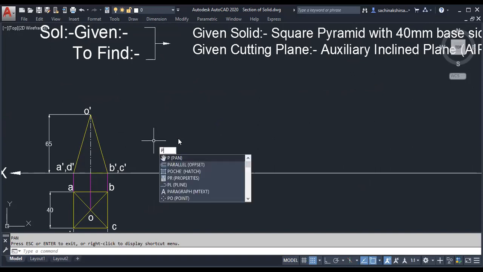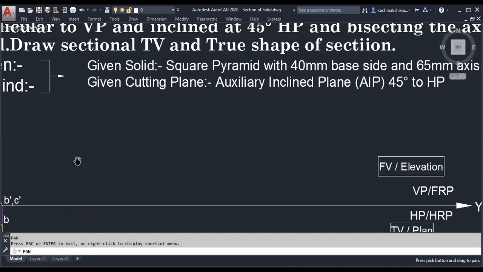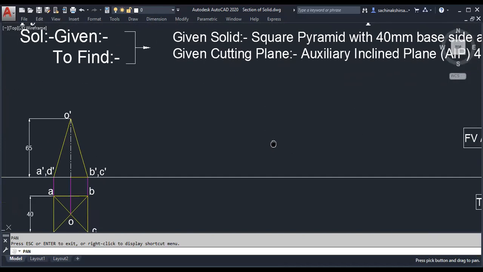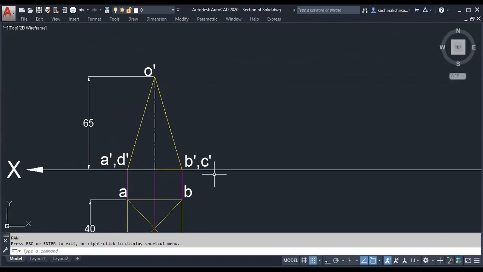VP, and inclined to HP at an angle of 45. And from where is it passing? Bisecting the axis, meaning you have to draw the midpoint of the axis.